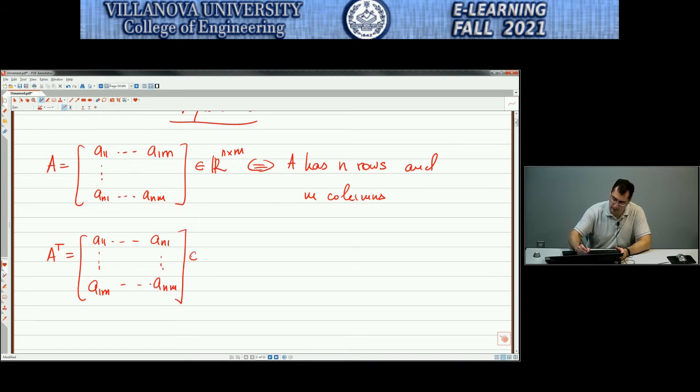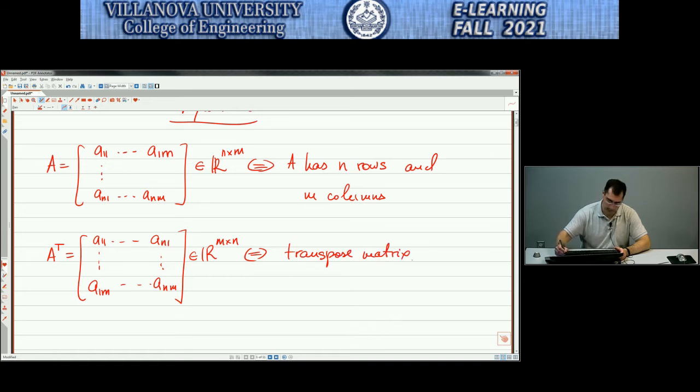And this matrix becomes m by n. This is the transpose matrix. It has m rows and n columns. Okay.